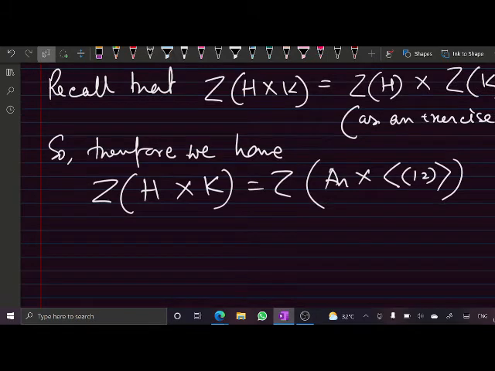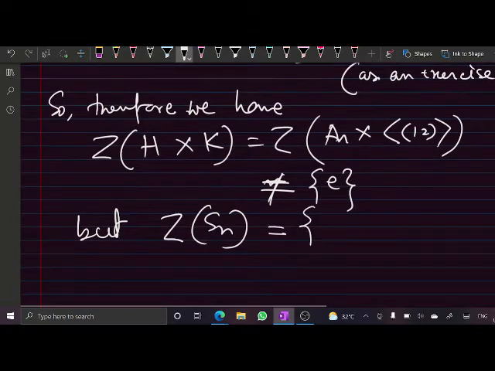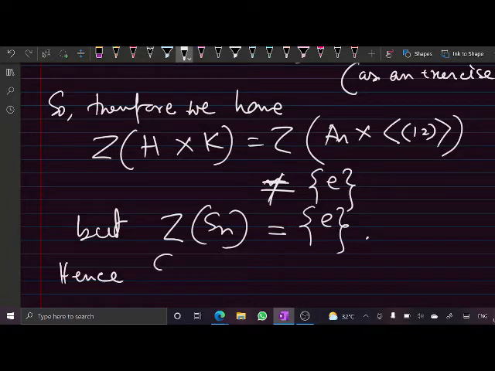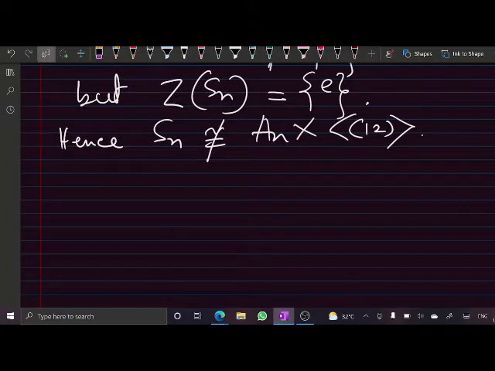So this is actually non-trivial, right? This is non-trivial, but the group Sn has trivial center, and hence one cannot represent Sn as a direct product of An cross the cyclic group generated by (1 2). Okay.